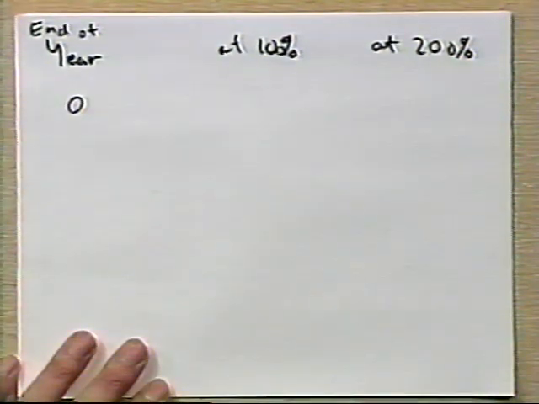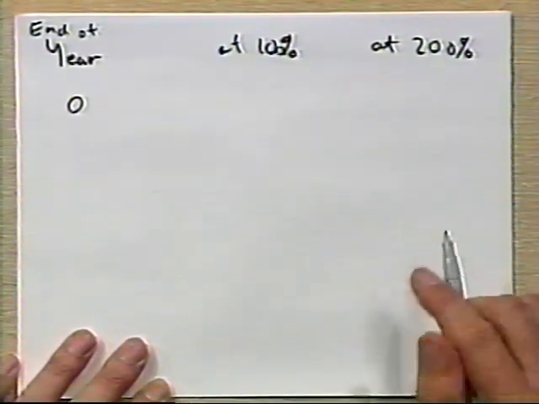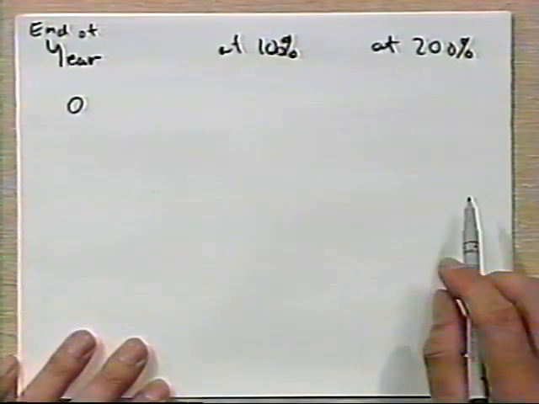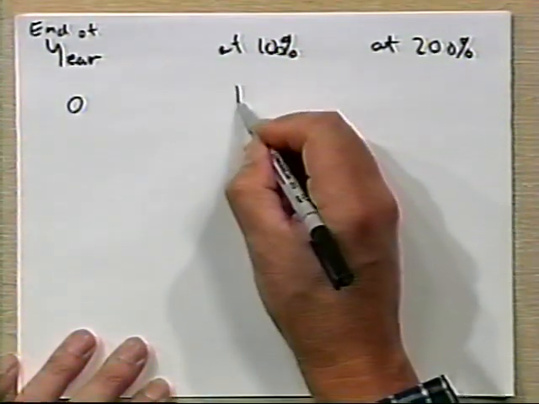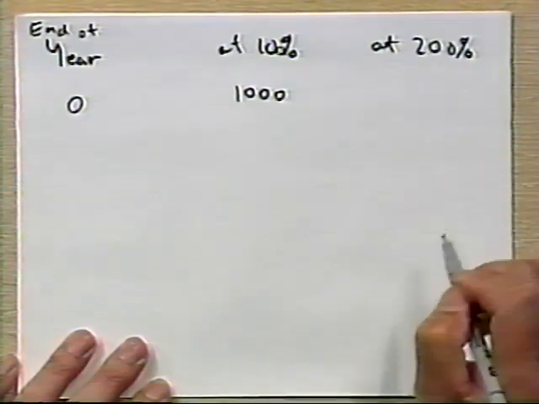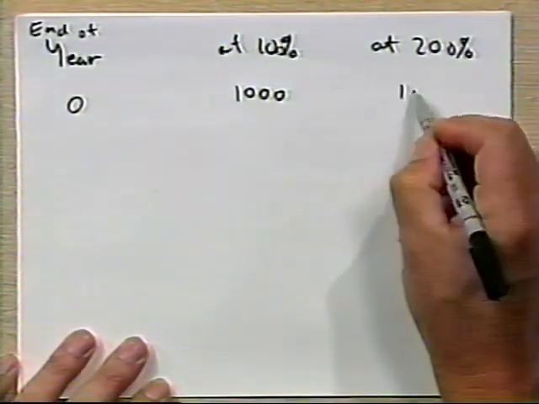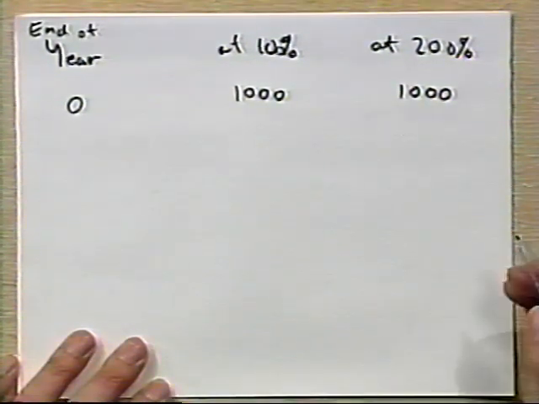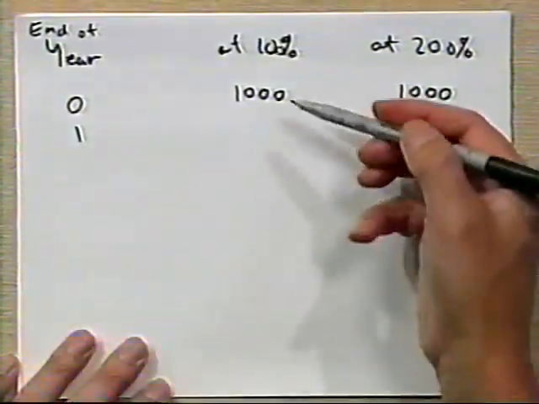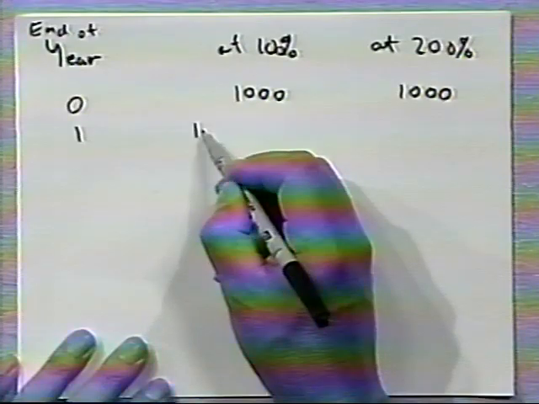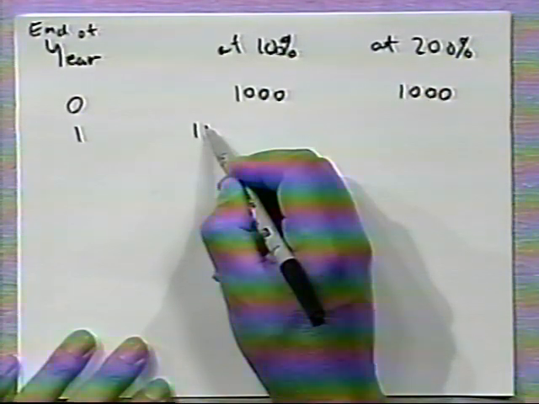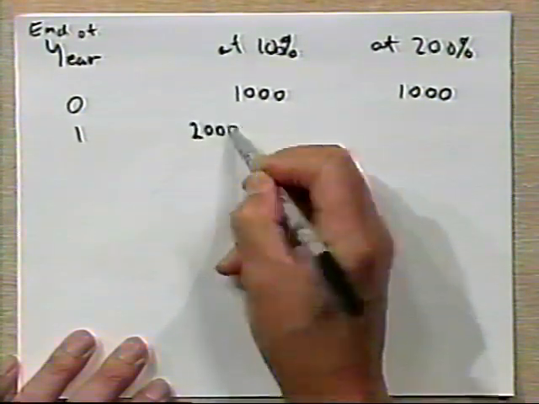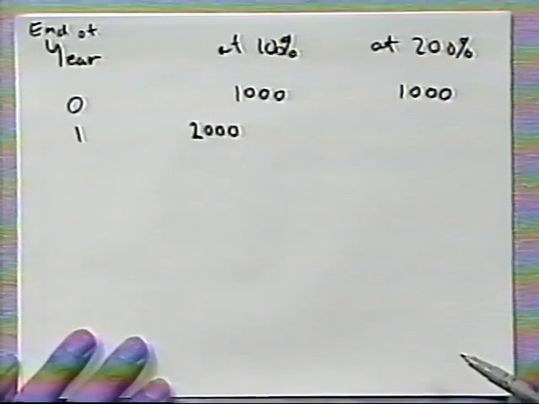So, at 100% interest, in the first year of our project, we get $1,000 at the beginning, and at the end of the year, at 100%, that $1,000 becomes $2,000 because it's earning 100% interest, so it doubles in value.